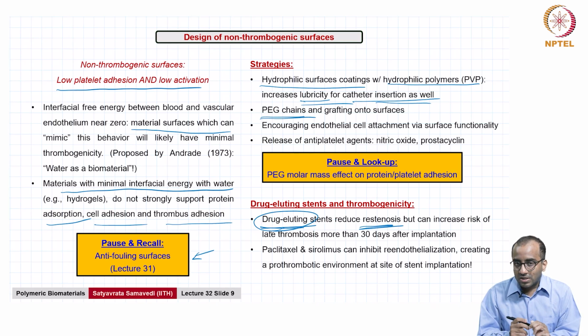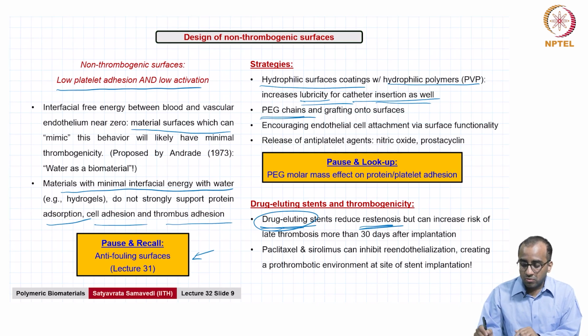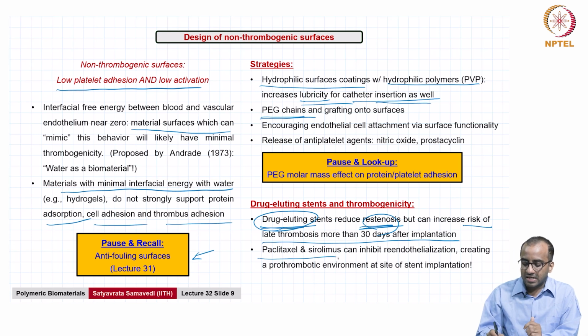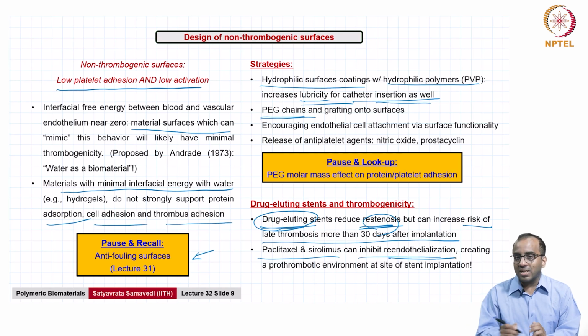But it turns out that while these drug eluting stents do reduce restenosis, they can increase the risk of late thrombosis, especially a month or two after implantation. And the effect is sort of interesting because drugs like paclitaxel and sirolimus that are typically used in these applications can also inhibit re-endothelialization. And remember that the endothelial cells that line the blood vessel are one of the key players in creating an anti-thrombogenic surface.